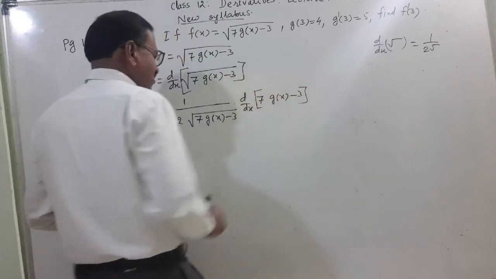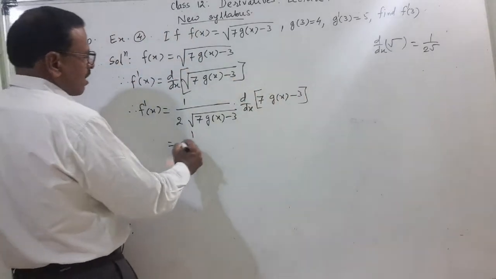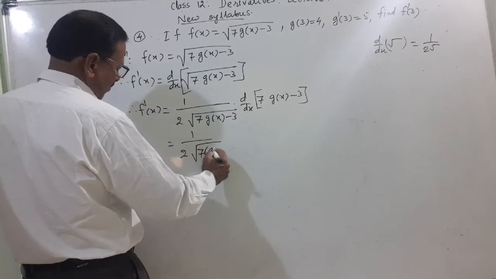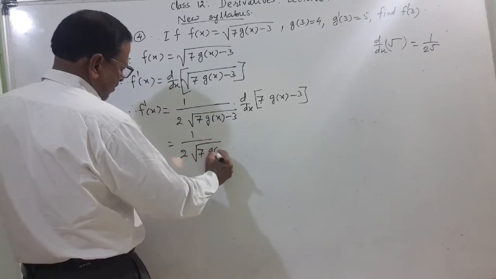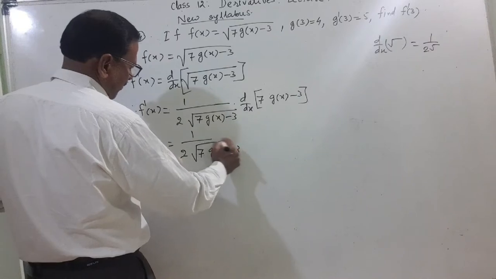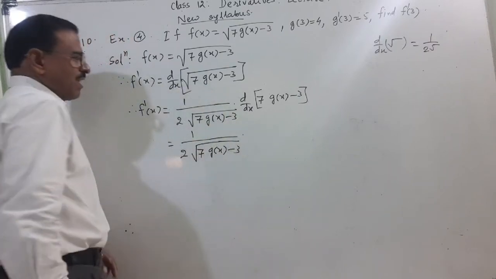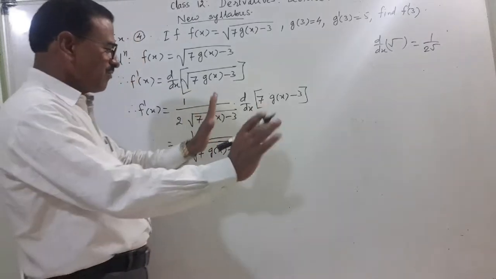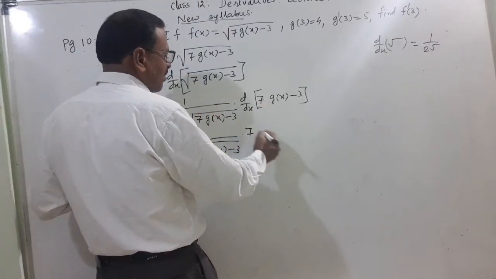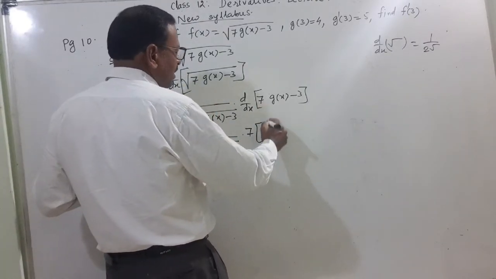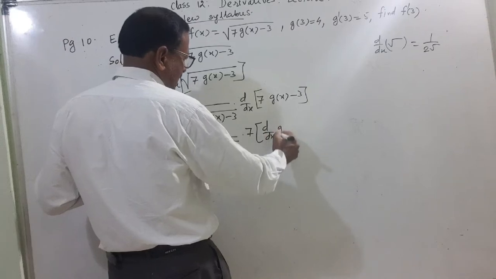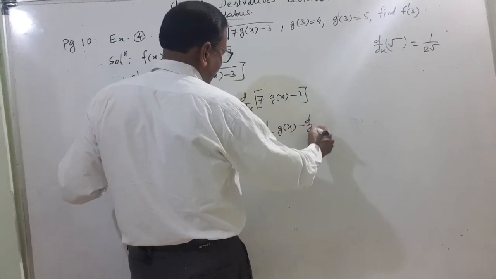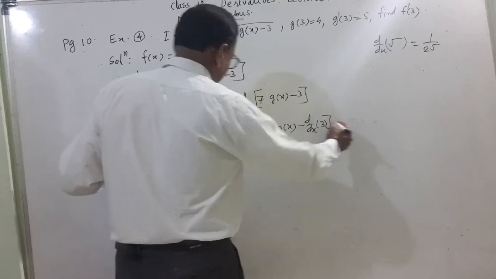So that is equal to 1 upon 2 under root of 7 into g of x minus 3, into, now if I take the derivative, 7 is the coefficient, so I am not taking the derivative of the coefficient: 7 into d by dx of g of x minus d by dx of 3. This way I am going to solve.